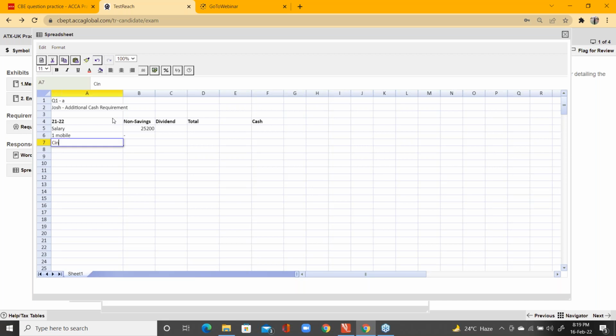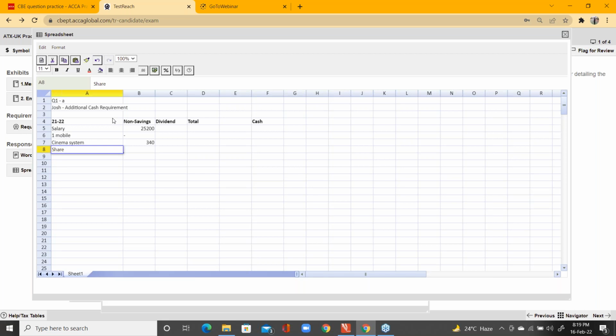Another thing is the cinema system, and asset usage would be calculated on the value provided. 1700 was the market value once the asset was provided, multiplied by 20%. Resultingly, the taxable benefit is calculated as 340.